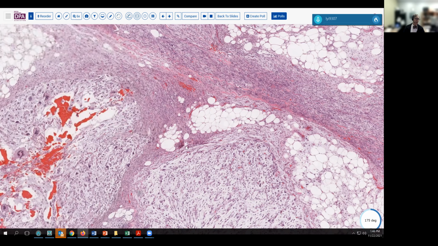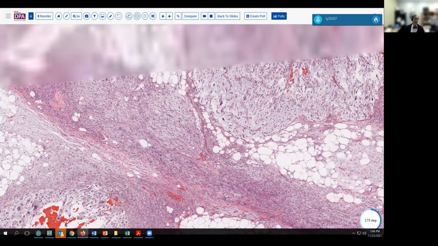Well, again, myxoid liposarcoma is a translocation sarcoma. And just as a clue, translocation sarcomas are hardly ever, if ever, this pleomorphic. They're usually quite monotonous. They're quite uniform, one cell, one area to the next.